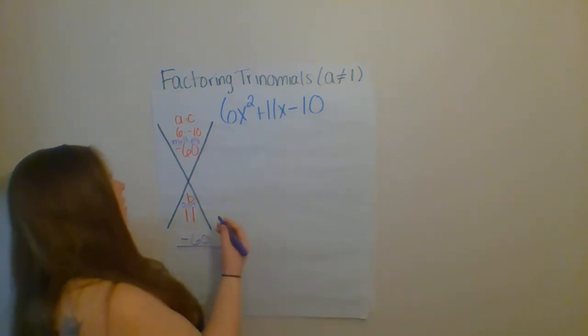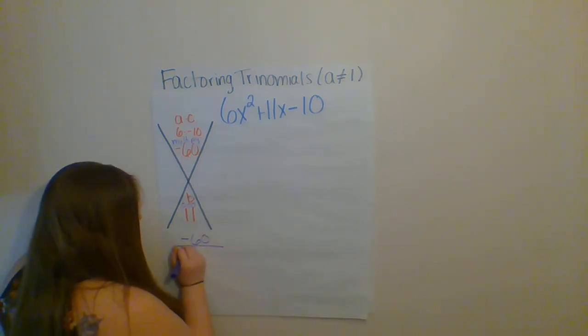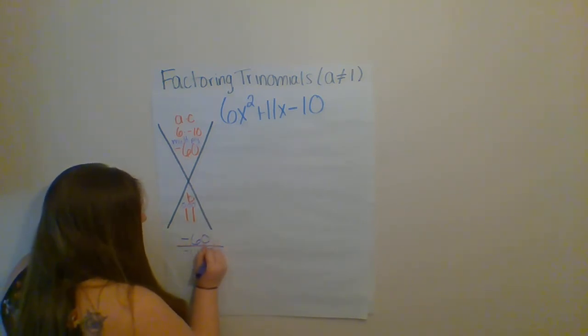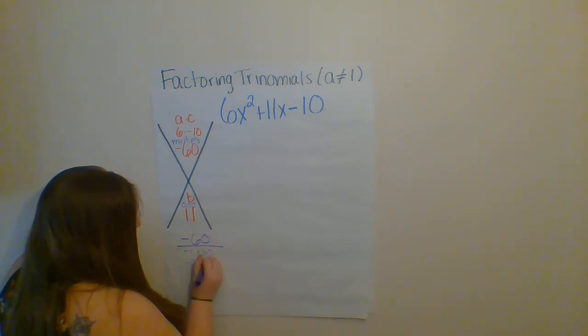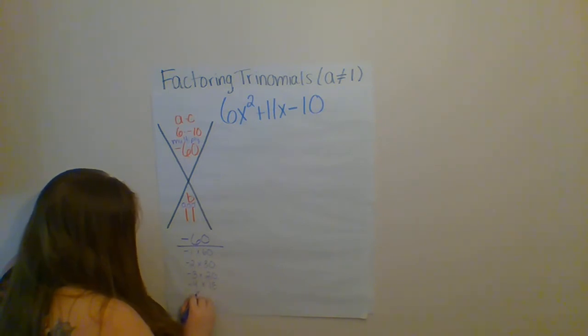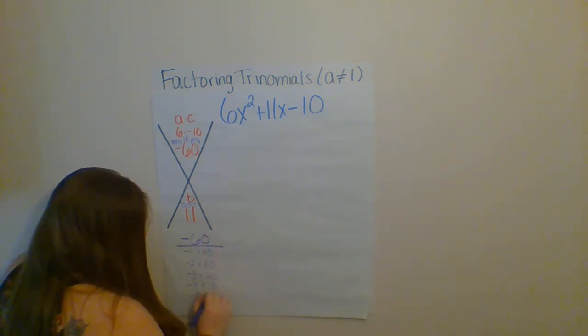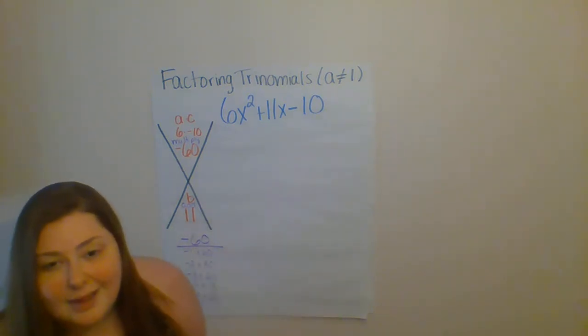So now, our multiples of 60, we have negative 1 and 60, we have negative 2 and 30, we've got negative 3, 20, we've got negative 4 and 15, we've got negative 5 and 12, and we'll stop there.